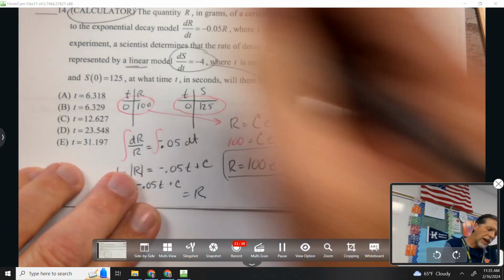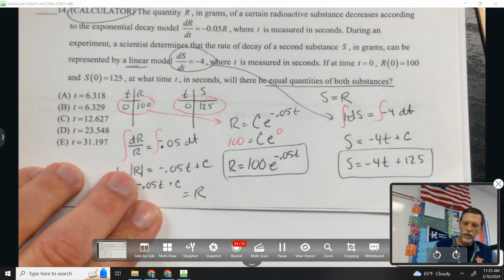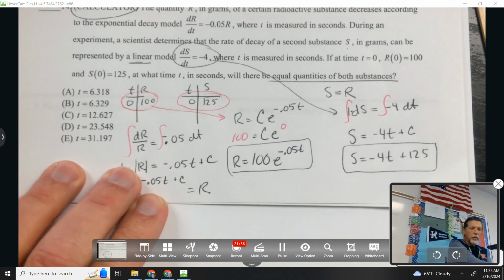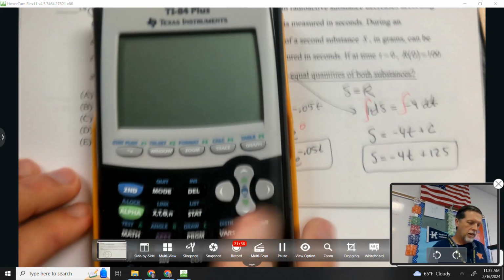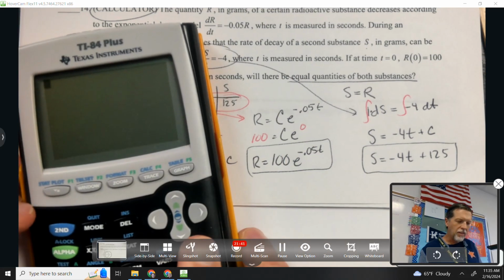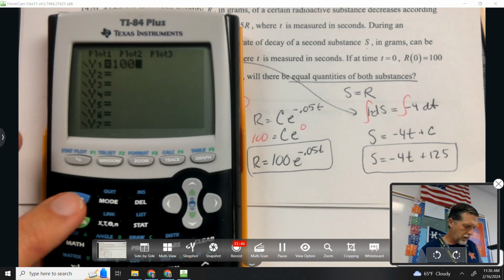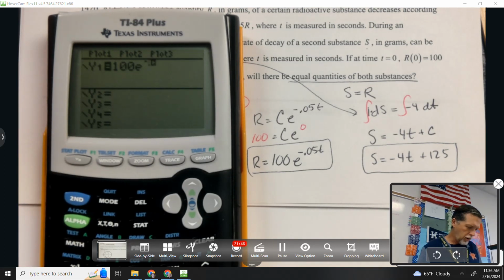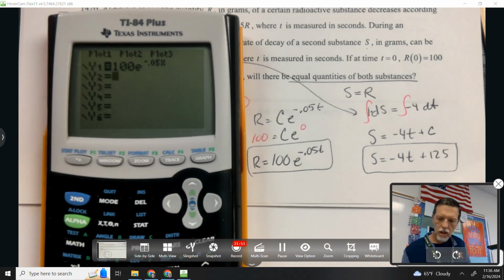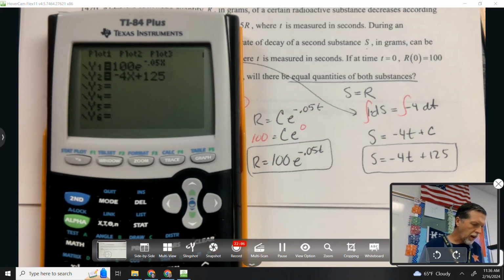And remember that this is a calculator problem. So, you know what? I could set them equal to each other, or I could just graph them both and look and see where they intersect. I think that would be easier to deal with. So y1 is 100 e to the negative 0.05t. And y2 is negative 4t plus 125.